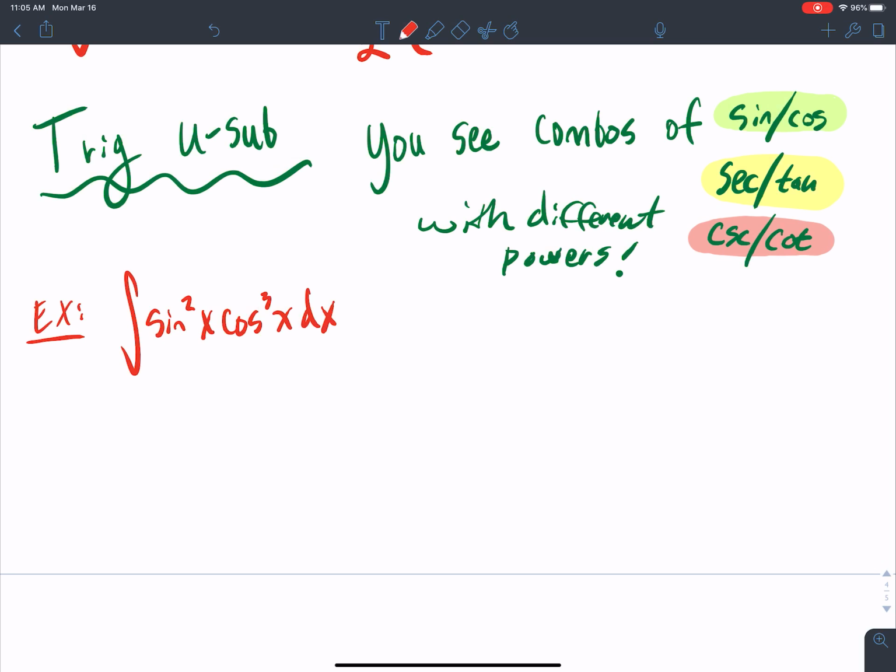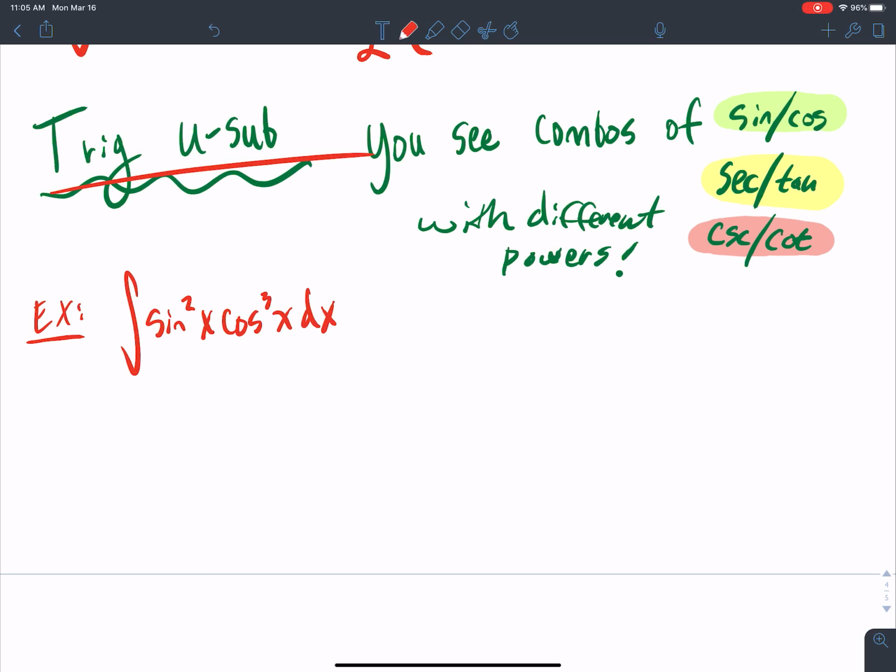That's what we're going to do. We're going to strip off either a sine or a cosine, and try to use a Pythagorean identity to simplify, to get everything written in terms of another function. We're stripping off a sine or a cosine so that we have a differential that we can replace in a U substitution. So this is my trig U substitution.